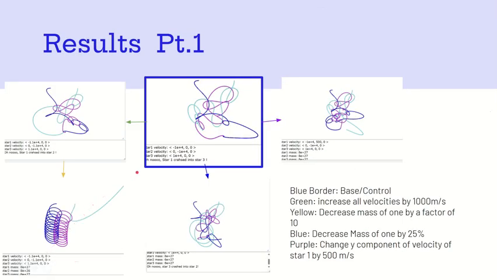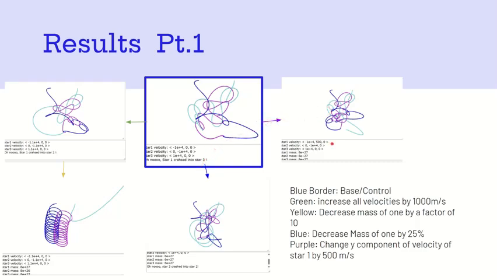Now, the results. We started with this base control system with these velocities as shown, and masses right here, 8 times 10 to the 27th kilograms, and we changed it in different ways.